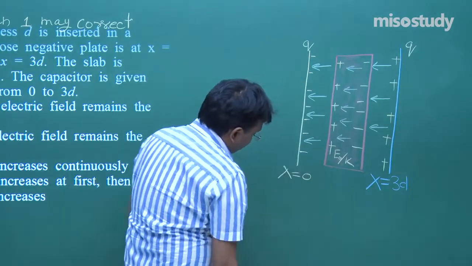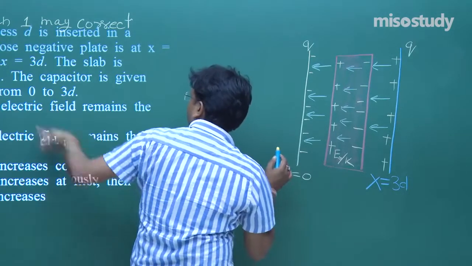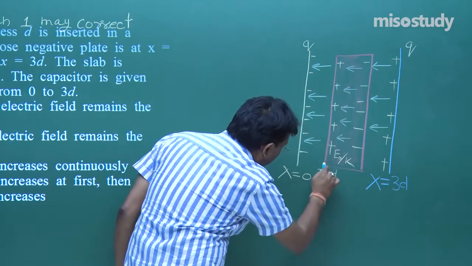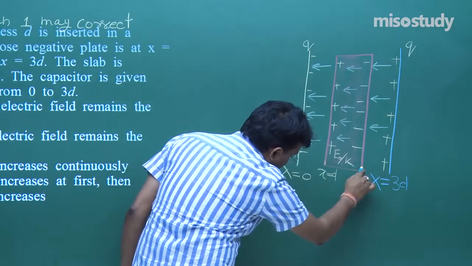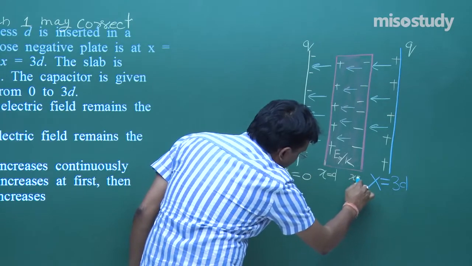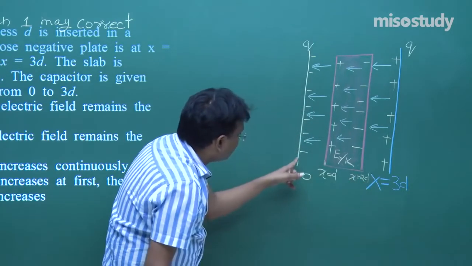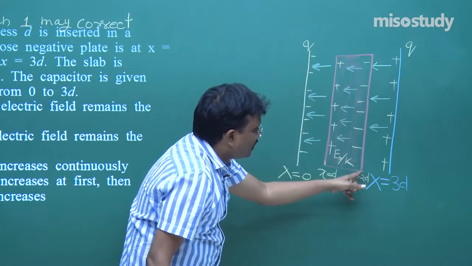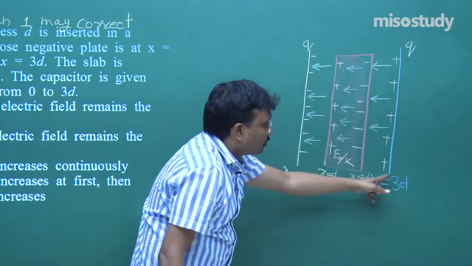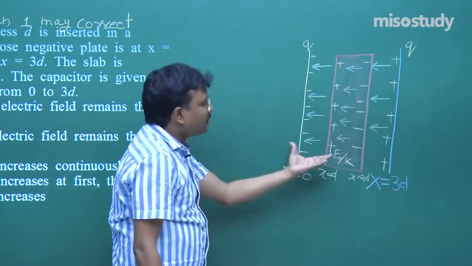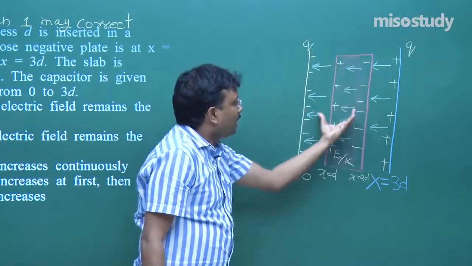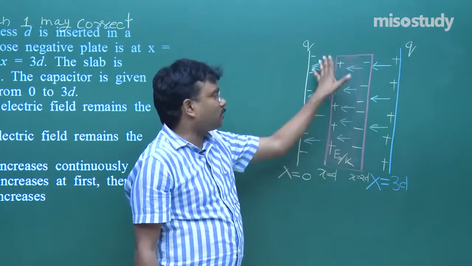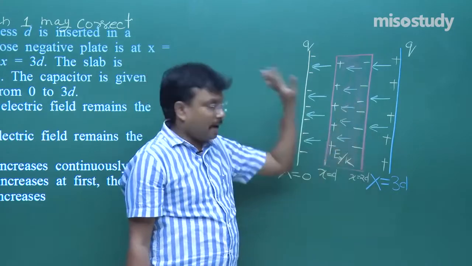Now one more point: as it is mentioned, equal distances. So it is x equal to d, this red line, and this red line is x equal to 2d. Basically it is x equal to 0, x equal to d, x equal to 2d, and x equal to 3d. As it is mentioned in the question that this dielectric slab is inserted at equal distance, that is why I am following only that particular parameter. Fine.